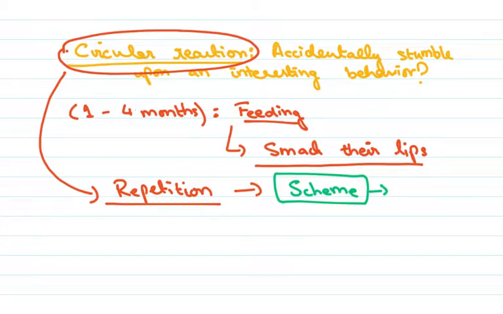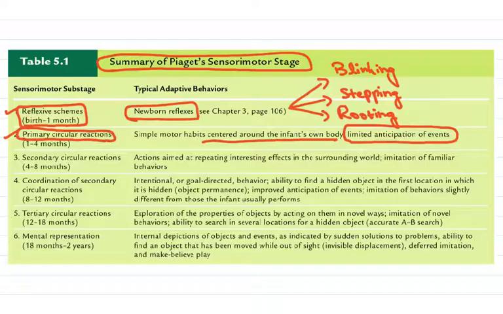So this repetition leads to a particular scheme being created, right? And therefore, the primary circular reaction is extremely important to later cognitive development as well. It's laying down the very foundation of all kinds of cognitive development. So this is basically what the primary circular reaction is.